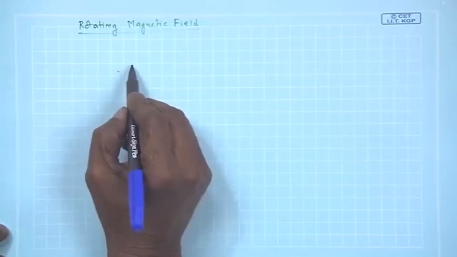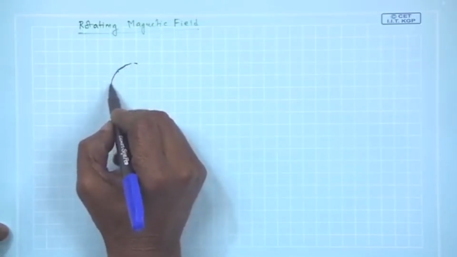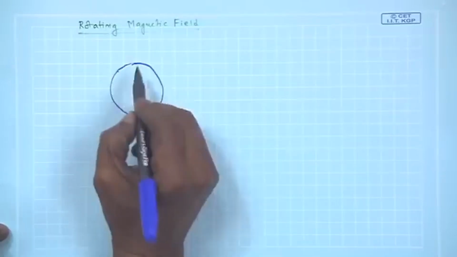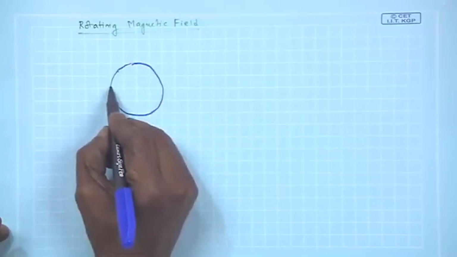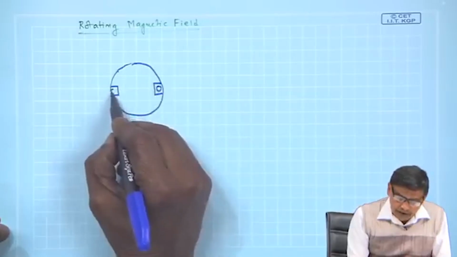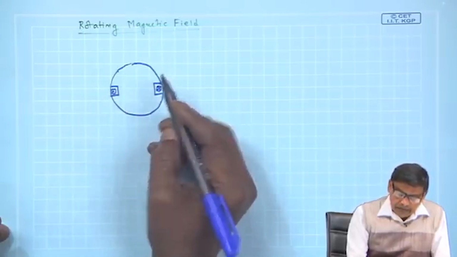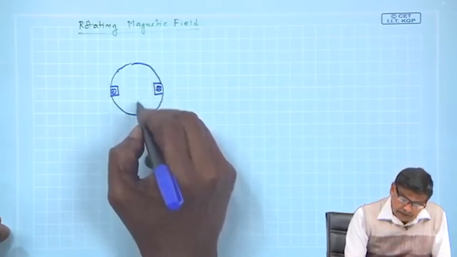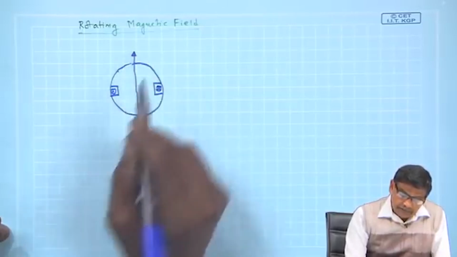Before Nikola Tesla, people would have suggested, okay, you do like this: you take something like a cylinder, have two slots, the minimum thing you do, put a coil, pass some DC current, and it will produce a field in this direction.